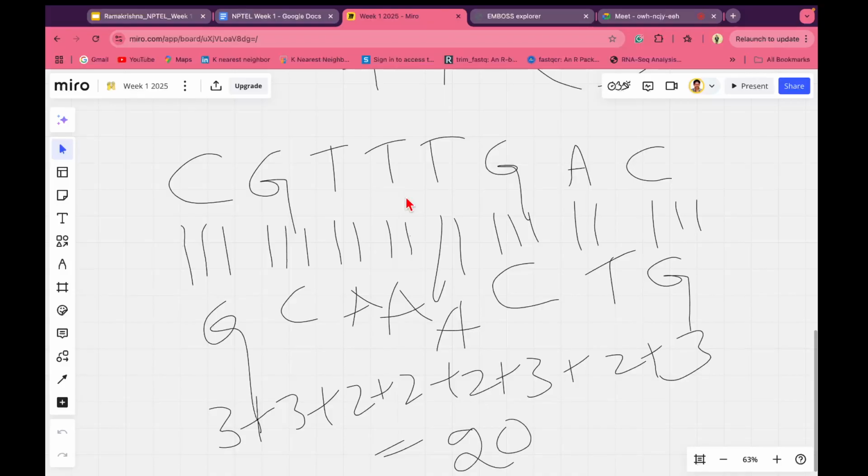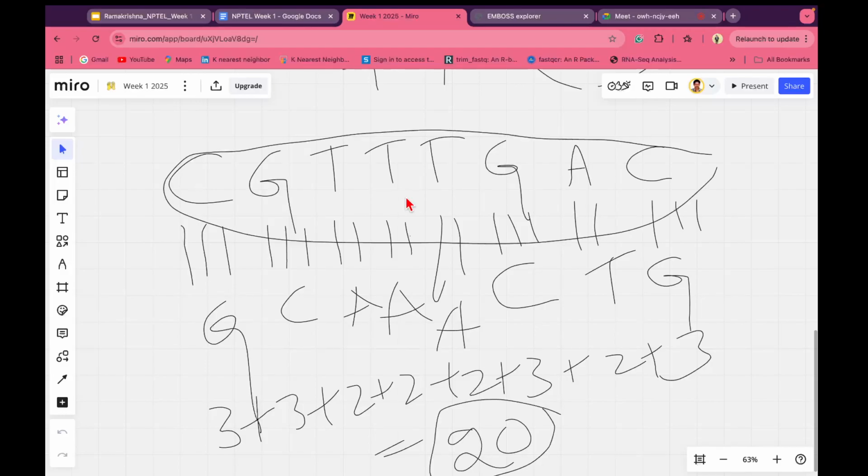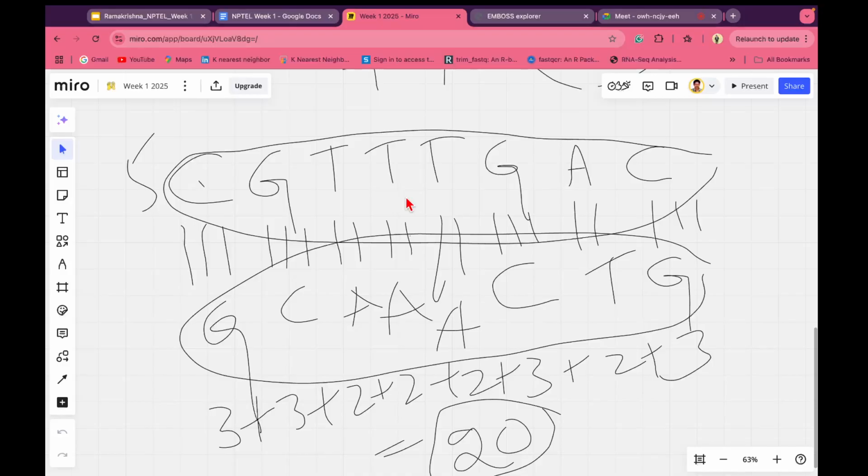So given the sequence, the number of hydrogen bonds it could form through base pairing is 20, and this is the complementary strand for the given sequence. So if we consider this as 5 prime to 3 prime, we can consider this as 3 prime to 5 prime.